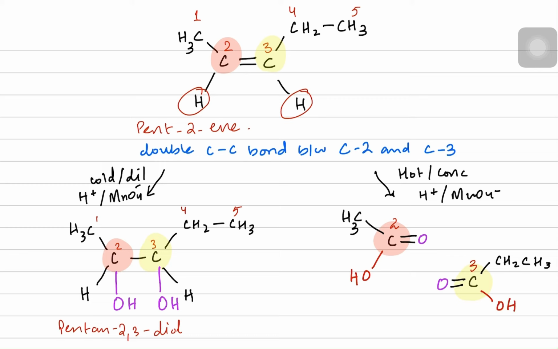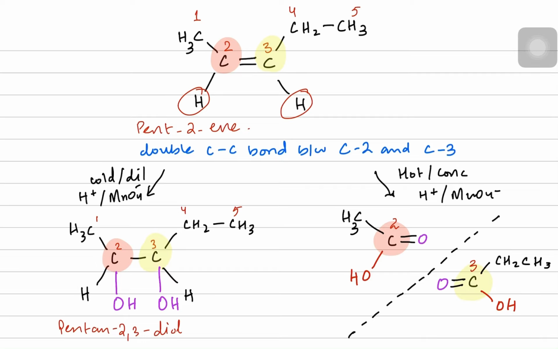So technically this becomes a carboxylic acid. I'm highlighting in blue pen. This functional group is known as a carboxylic acid. So now you get carboxylic acids. These are the two products. I'm making a dotted line to show that there are two products.